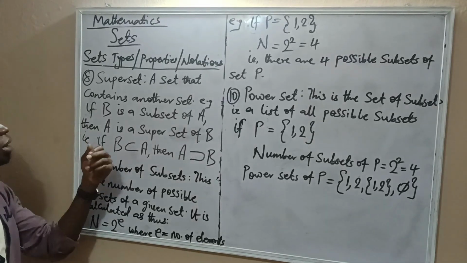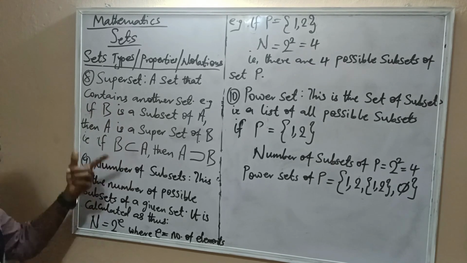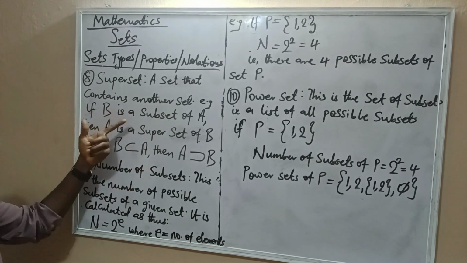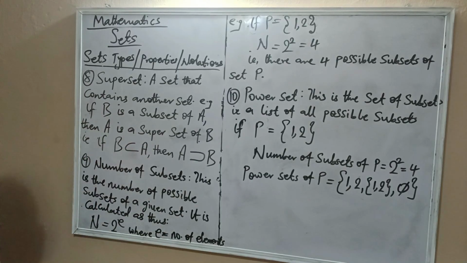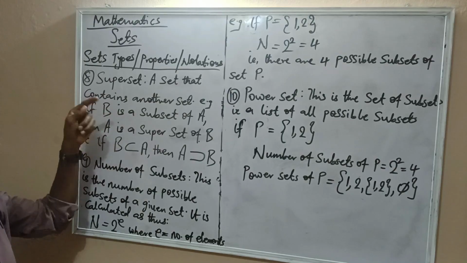Another one is a superset. A superset is a set that contains another set. For instance, we said a subset is a set that is a part of a bigger set. Now, a superset is a set that contains another set.